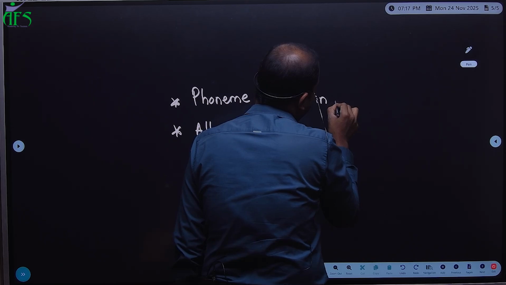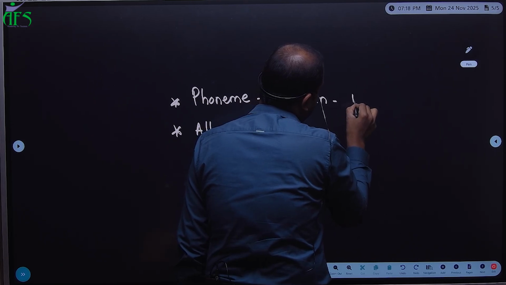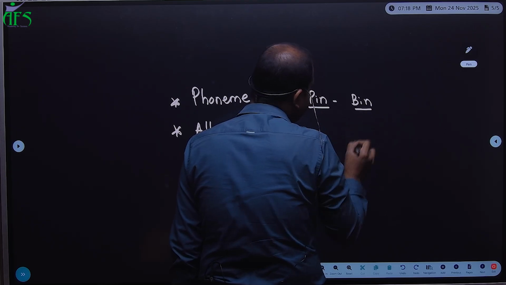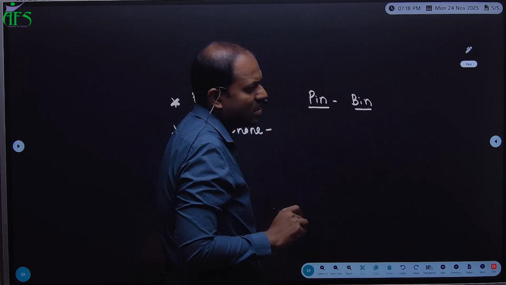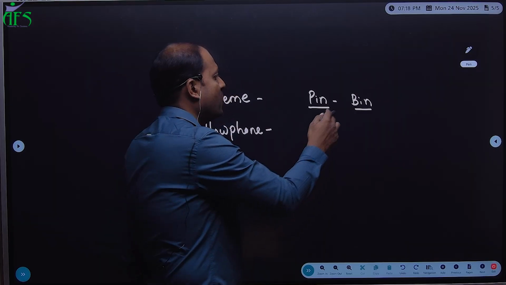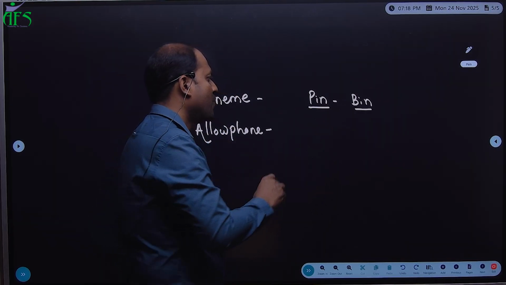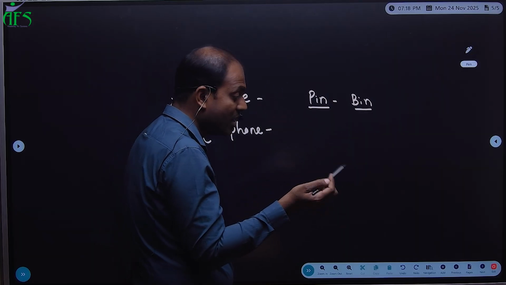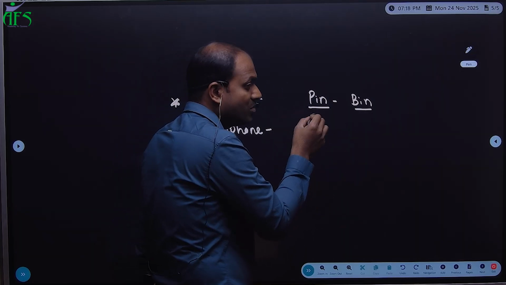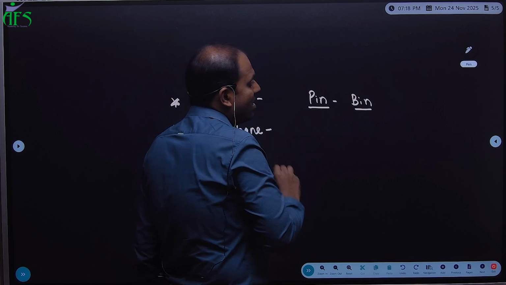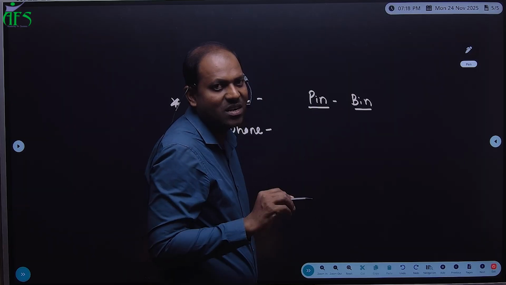Now, three sounds are there in the first word and three sounds are in the second word. What are the three sounds or three phonemes, in a technical way, when they come in a word? P, E and N. Then it is uttered pin.